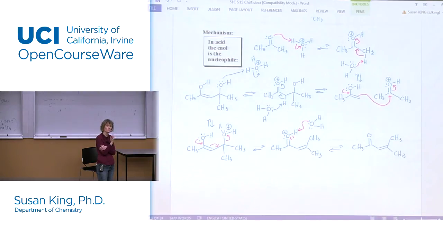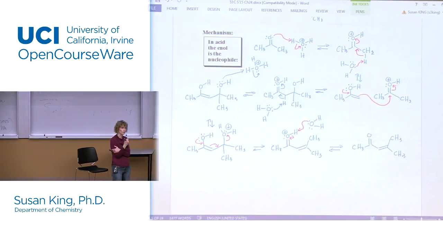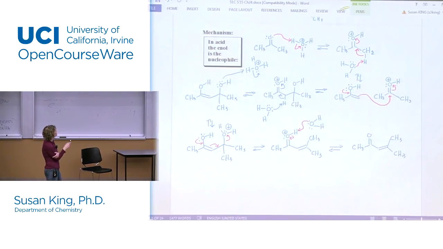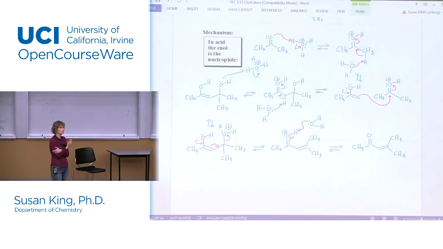And the only way you can do that is if you are attacking the carbonyl. Remember we had the mechanism where we took acetone, and then we treated it with hydroxide and water that was labeled, and we got labeled acetone. So if you did this reaction with labeled water, you will see O18 in the oxygen. So we know we're forming hydrate.